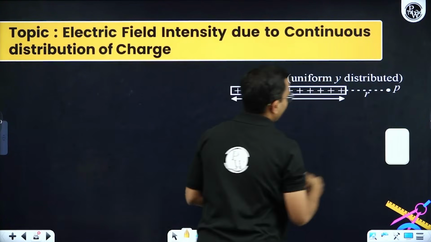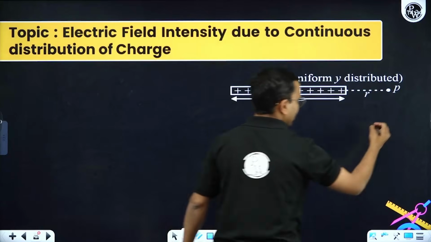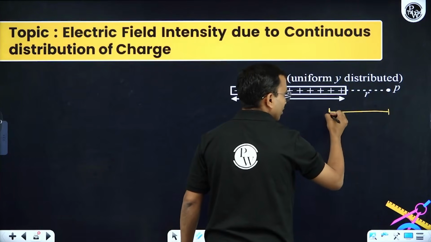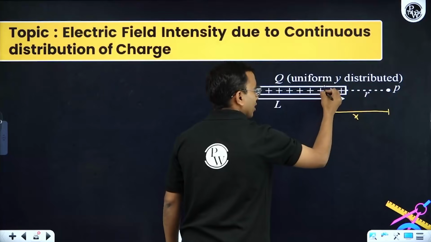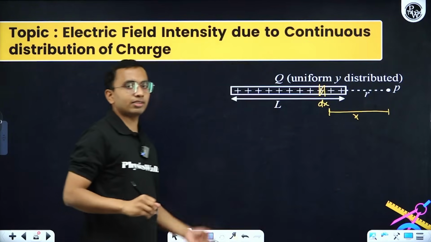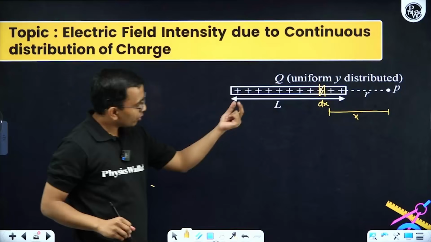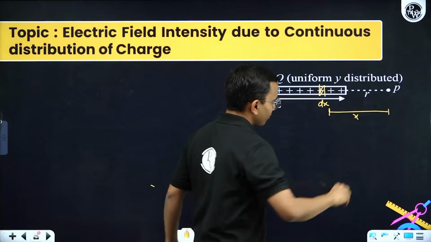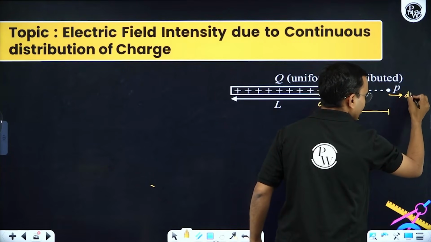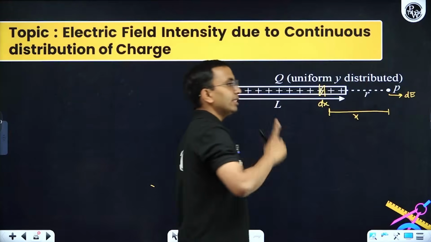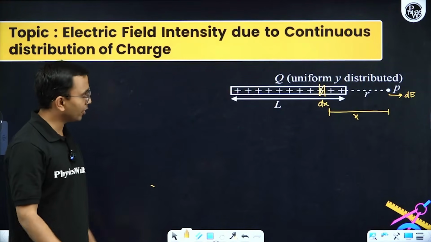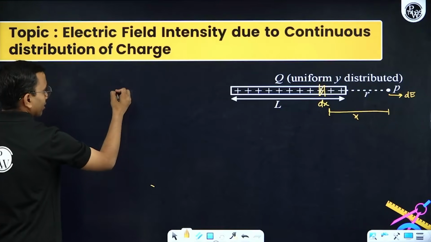How to integrate? What I will do is, let us take at a distance x from here, a small section having thickness dx. Due to this small section of the rod, the electric field here is dE. I'll write dE, and we'll integrate dE to find the total electric field there, E. So let us write dE.